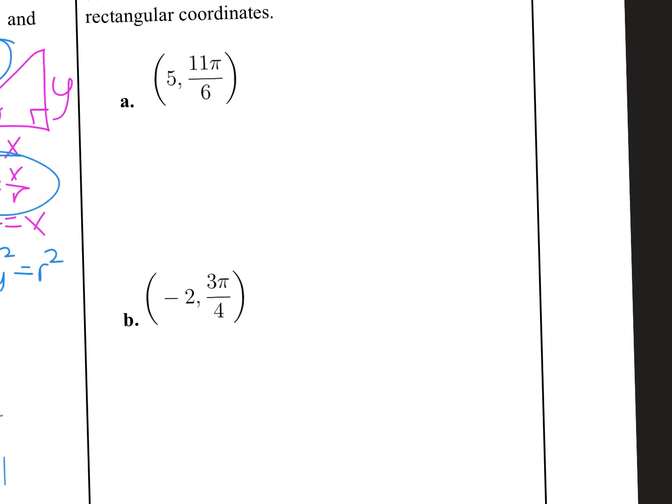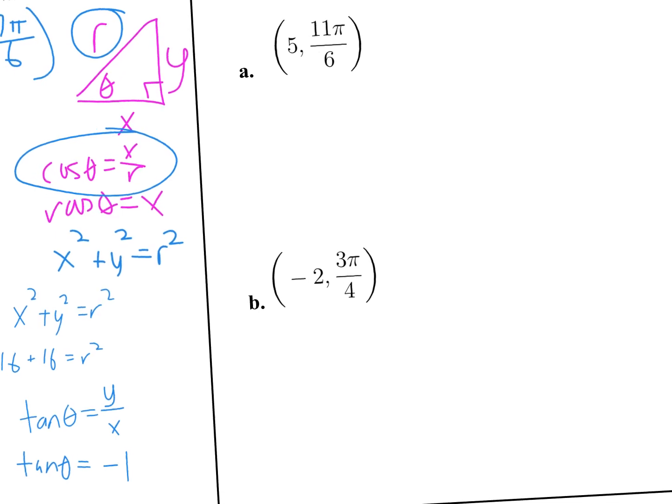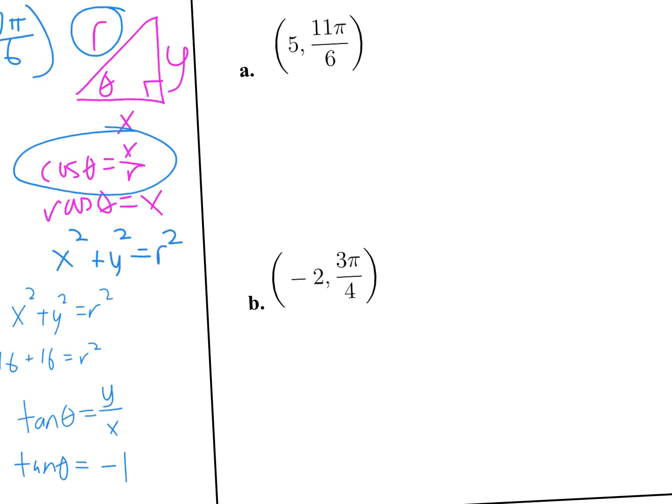All right. Now this is where I thought we were going to, so I'm going to move it right there. So r cosine theta is x. So this is r and theta. So if I do r cosine 11 pi over 6. Well, the cosine of pi over 6 is root 3 over 2. 11 pi over 6 is in quadrant 4, so it's also root 3 over 2.